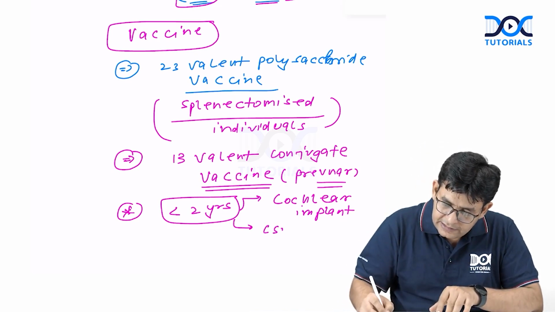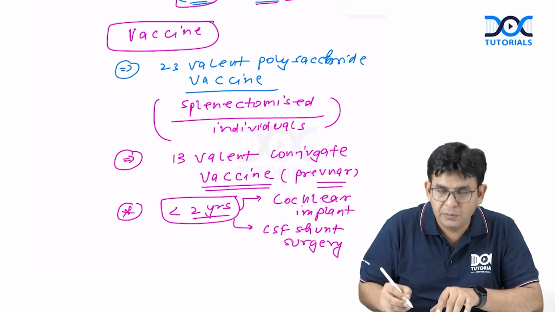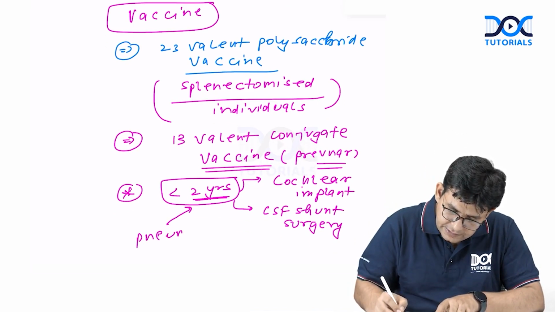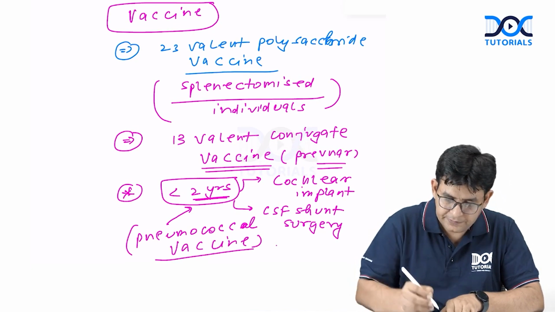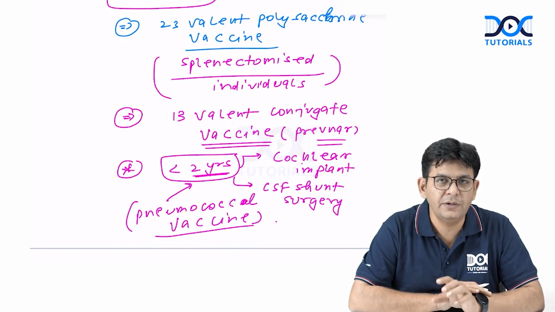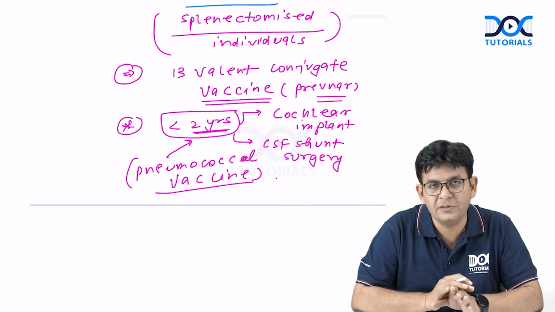Regarding CSF shunt surgeries for hydrocephalus, you need to give the pneumococcal vaccine before the surgery. Before the surgery, they definitely need the pneumococcal vaccine. Is it fine? So that also needs to be remembered.